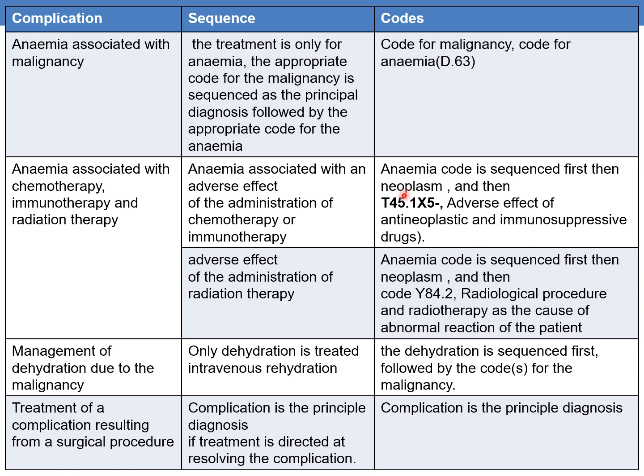neoplasm code and adverse effect code T45.1x5, either A, D or S, adverse effect of anti-neoplastic and immunosuppressant drugs. And whenever anemia is associated as an adverse effect of administration of radiation therapy, here also anemia code is sequenced first, then the neoplasm code, then Y84.2, which is nothing but radiological procedure and radiotherapy as a cause of abnormal reaction of the patient.